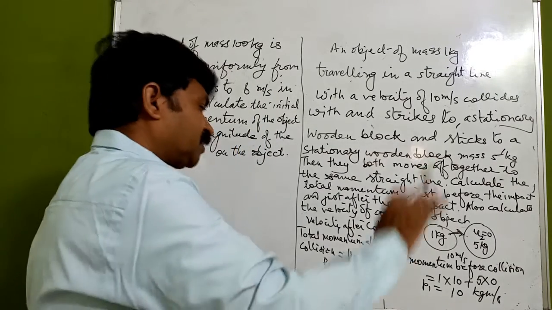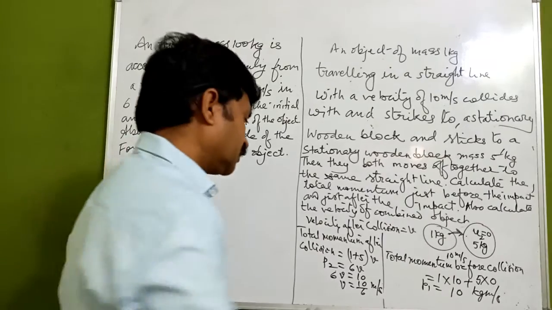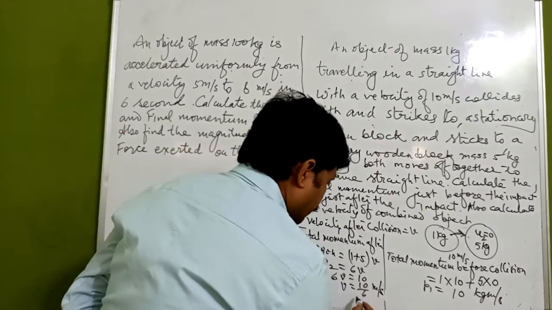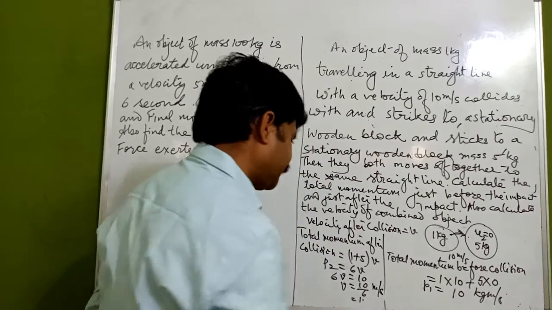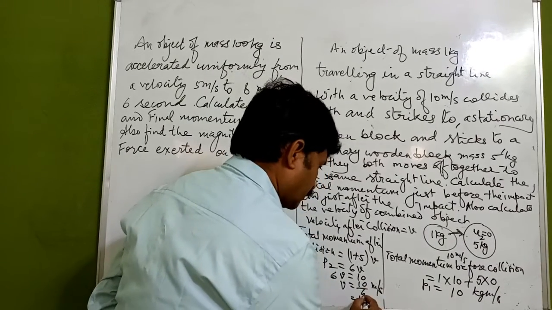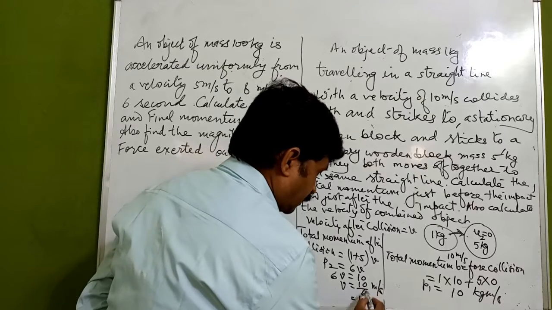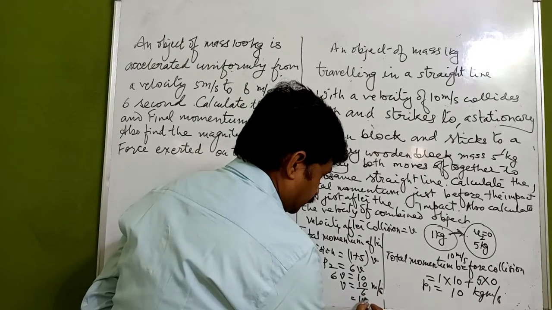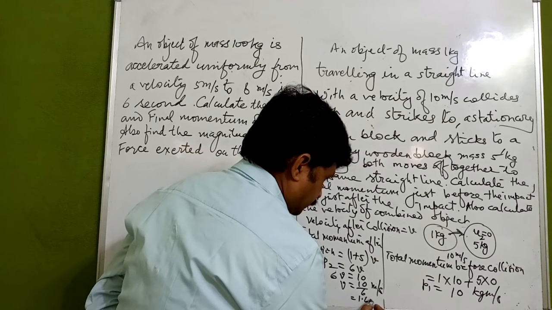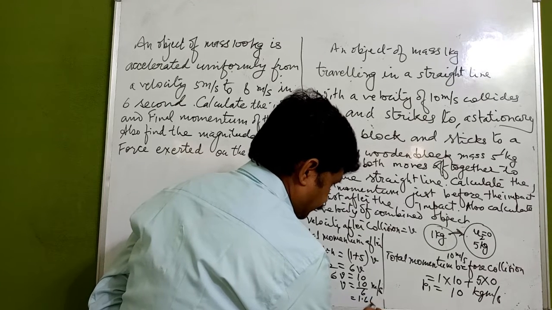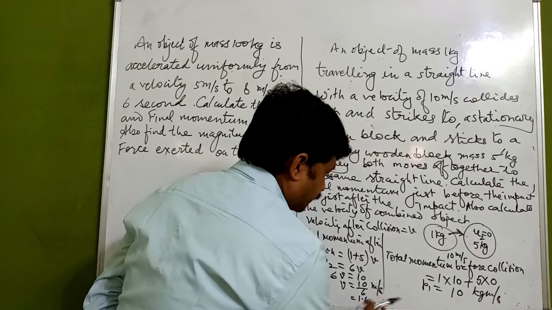Now both the objects will be moving with the same velocity, that is 10 upon 6, which is about 1.6 meter per second.